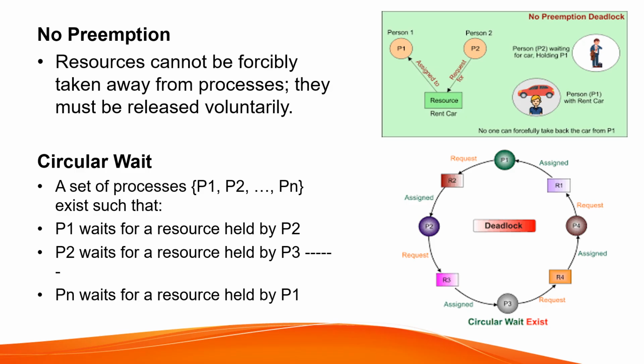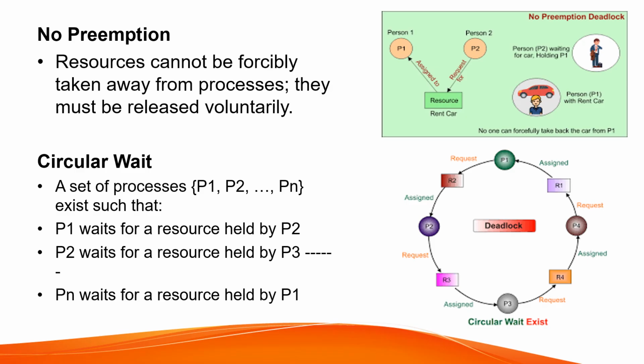And circular wait. For circular wait, you can see a set of processes, like over here we have four processes. P1 already holds one resource and waits for another resource which another process is holding. Here R1 has been assigned to P1 and it's waiting for R2, but R2 has been assigned to P2.